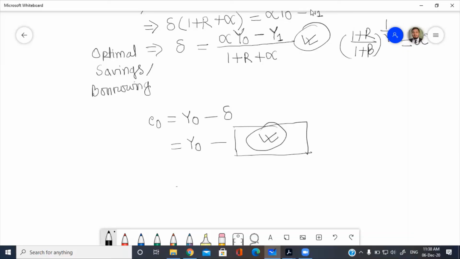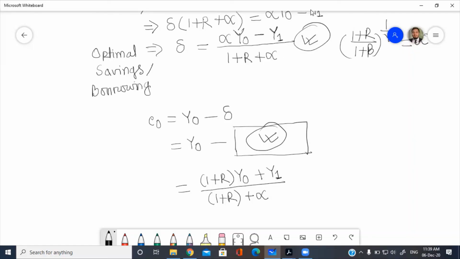you will get that the optimal consumption in terms of income is like this: 1 plus R multiplied by Y naught plus Y1 over 1 plus R, plus alpha.